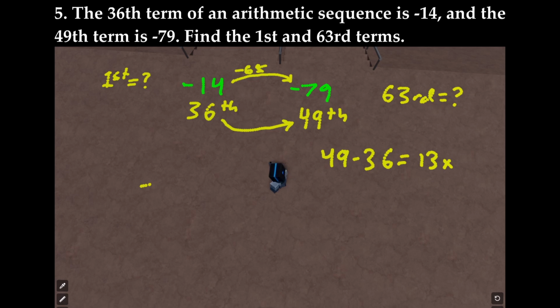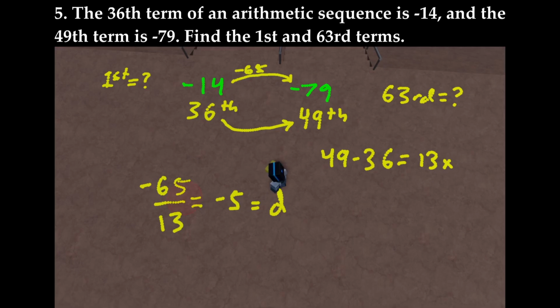If we traveled negative 65 units across 13 common additions, or 13 common differences, we'll just do negative 65 divided by 13. That gets you negative 5, which is equal to d, our common difference. So all I did was take how much we traveled, negative 65, and divide it by how many terms there were between 36 and 49, which is 13.